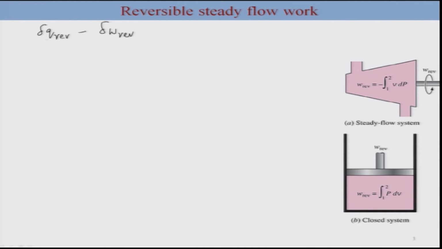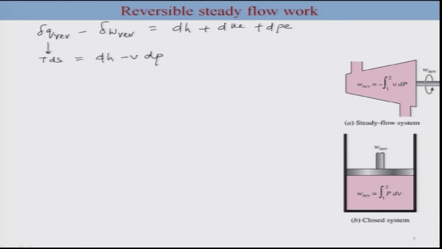So we are assuming this to be a positive value here, del Q reversible minus del W reversible, and that will be for the steady flow conditions. You have change in enthalpy, or in terms of differential functions, dH plus dK plus dP. Now for the case of a reversible process, we can consider this to be your TdS, and in the previous lecture we have derived that TdS relation in terms of enthalpy, and then we can write this as dH minus VdP.